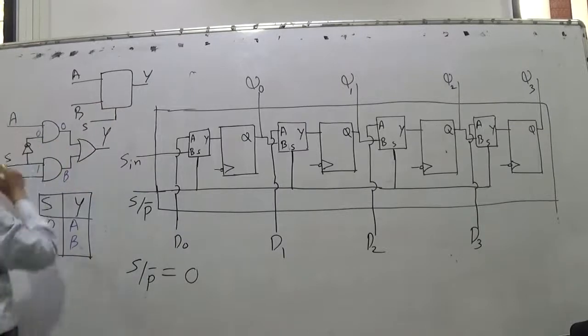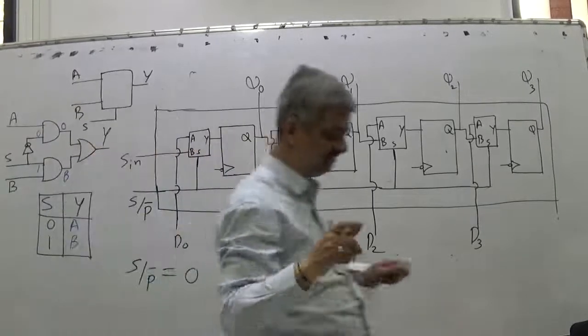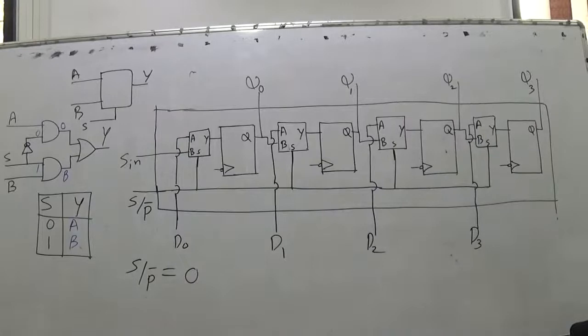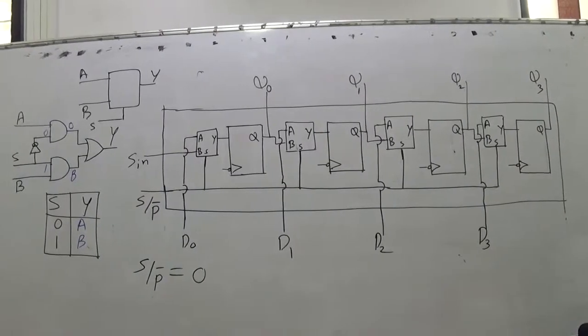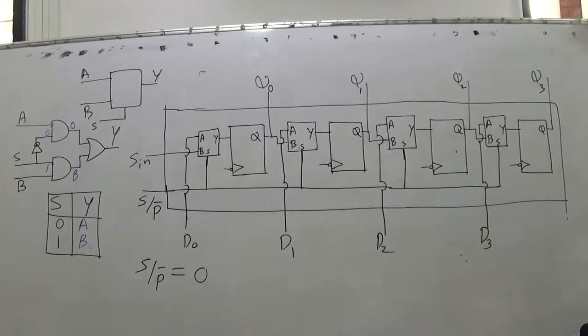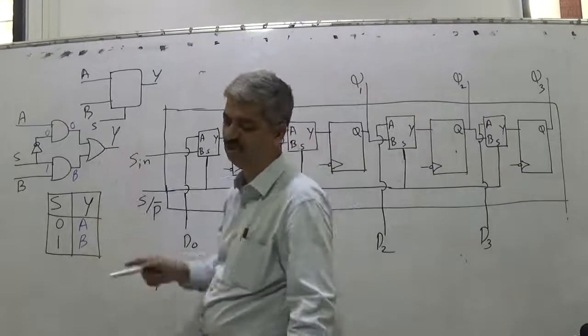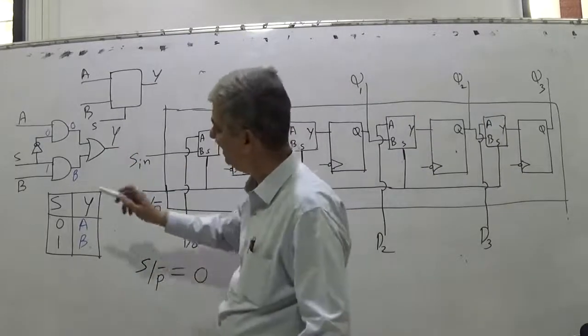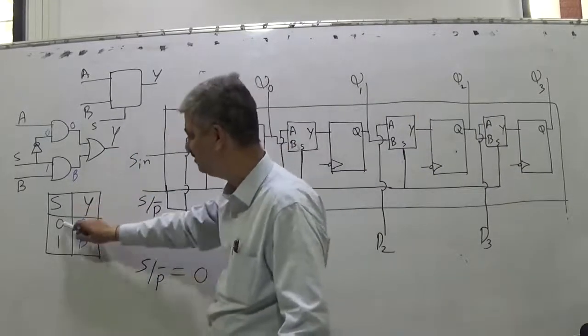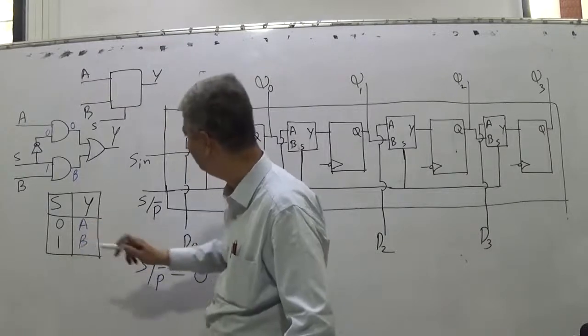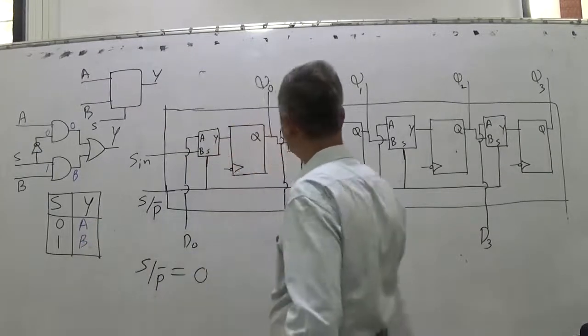This circuit will repeat, that is the circuit consisting of 2 NAND gates, two AND gates, one NOT gate and one OR gate. This is called as 2S1 multiplexer. When S is 0, Y is A, when S is 1, Y is B. It repeats here. So it repeats for 4 times.